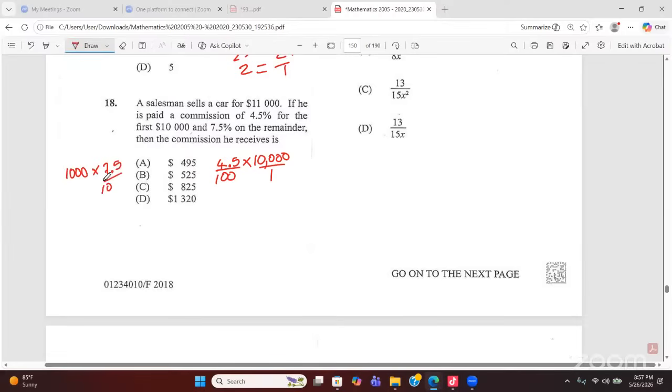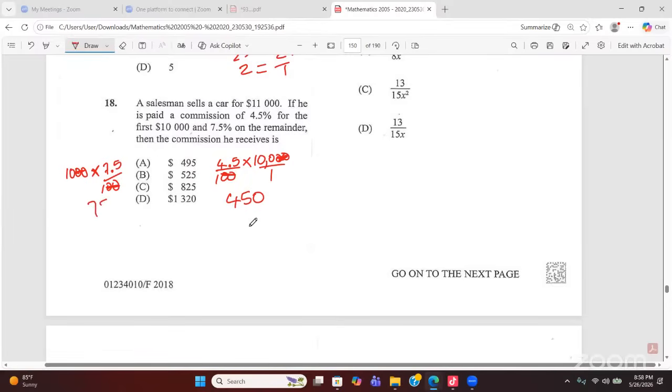Remember, after that, the 1,000 will go at 7.5%. You can see the $11,000, 10,000, and 11 over there. So all you have to do is work them out and add. You can cancel this 0 here with these 2 0s here. So 4.5 times 100 will give you 450. Here you cancel 2 0s here with 2 0s there. 10 times 7.5 is 75.